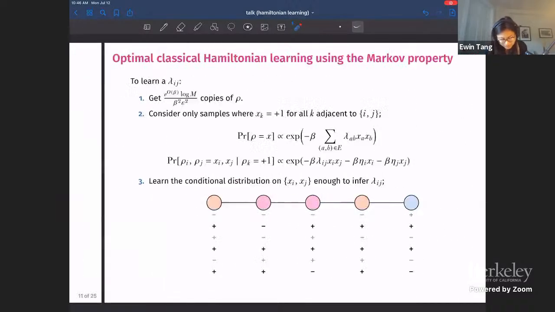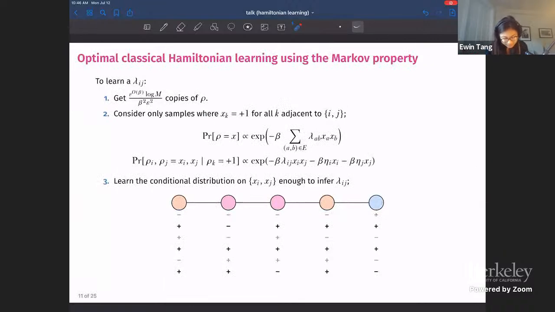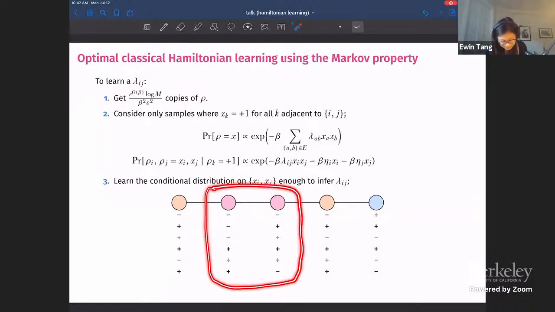When I condition on these both being 1, I'm just selecting the samples where they're both +1.